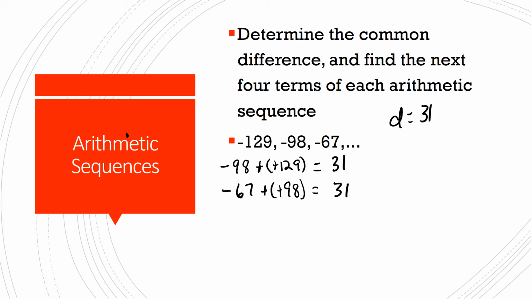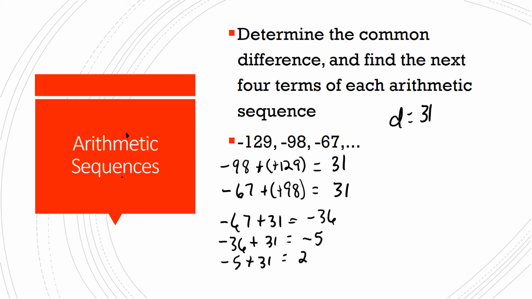From there, I can just take negative 67, my third term, and to find the next four terms, add 31. That's going to equal negative 36. Then negative 36 plus 31 equals negative 5. Then negative 5 plus 31 gives me positive 26.